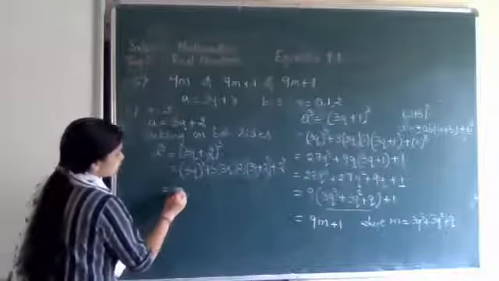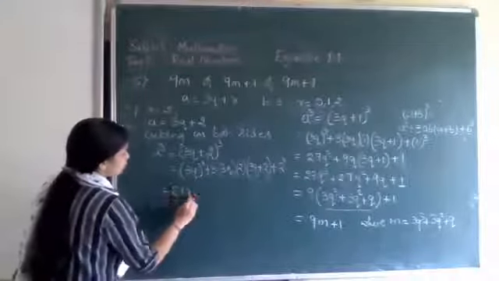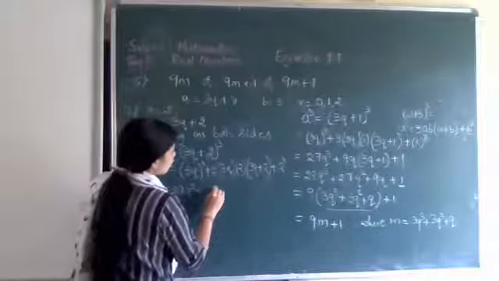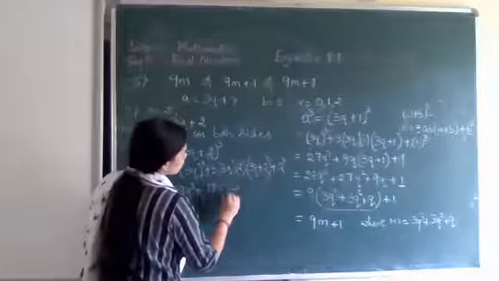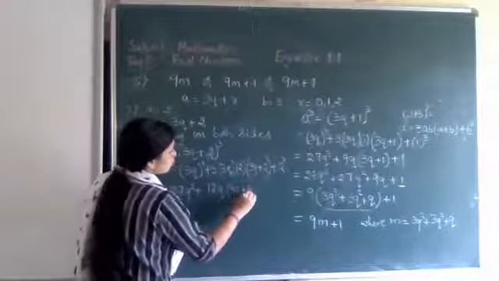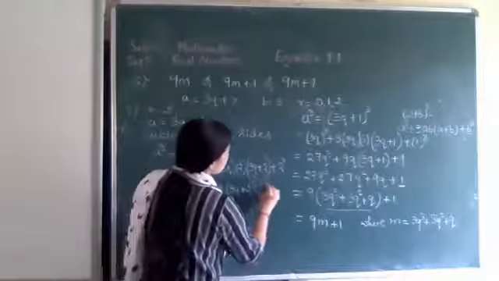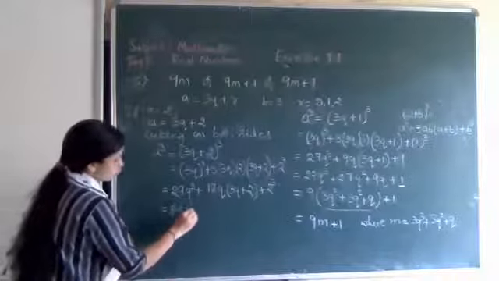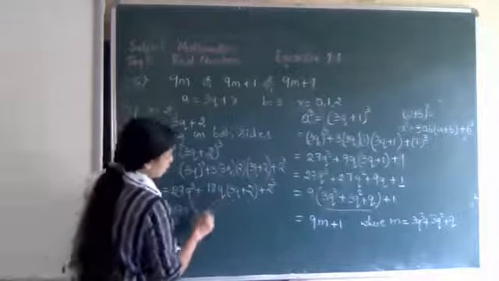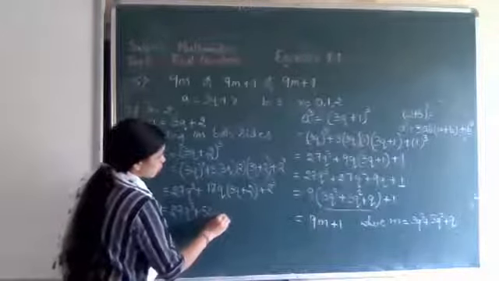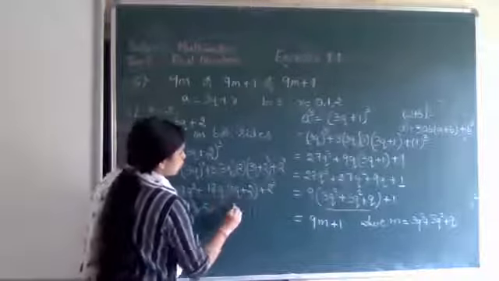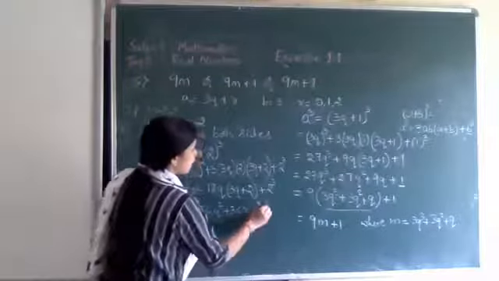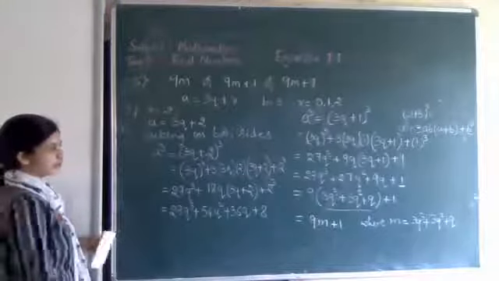We write this as 27q cube plus 3 into 3 is 9, 9 into 2 is 18, 18q into 3q plus 2, plus 2 cube. Here 27q cube plus 18 into 3 is 54, 54q square plus 18 into 2 is 36q plus 2 cube. 2 cube is 8. 2 into 2 into 2 we will get 8.